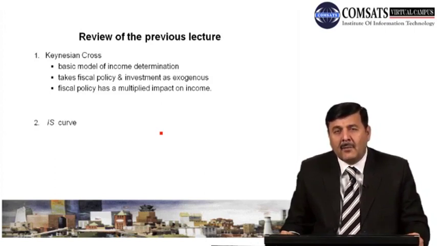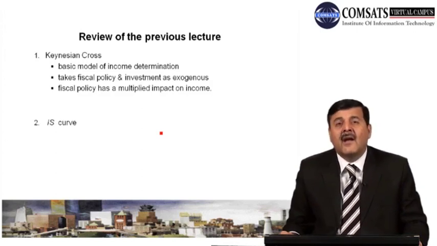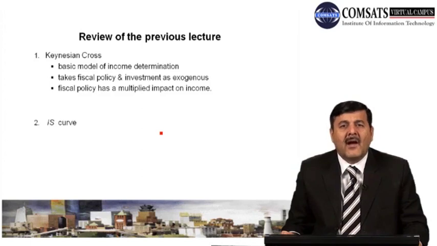Now that equilibrium can be affected by using government purchases or taxes, the tools of fiscal policy. As we said, by using government purchases we can come up with the purchase multiplier, and by using taxes we can derive the tax multiplier.